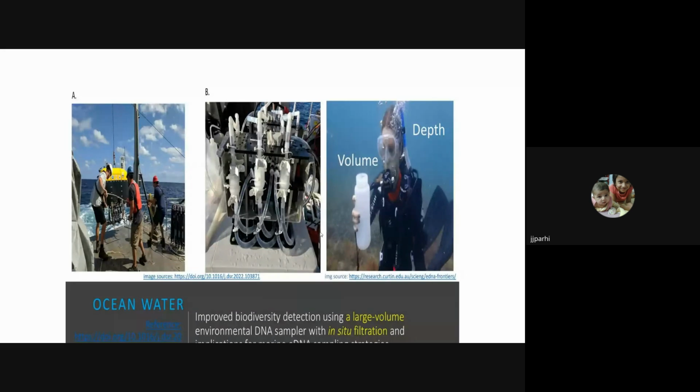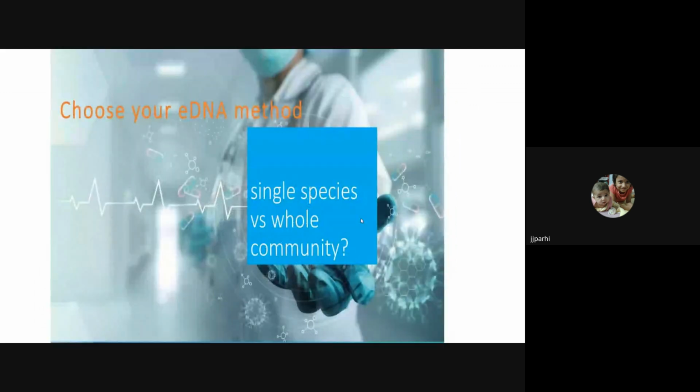These photographs show marine work, because most of the work is in marine, but we can work on inland water bodies too. Presently, we have a project where we are collecting samples from different locations using AUVs. After the sample is collected, the next target is what we are going to get from it.